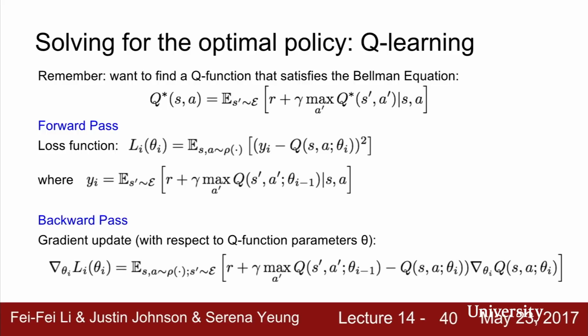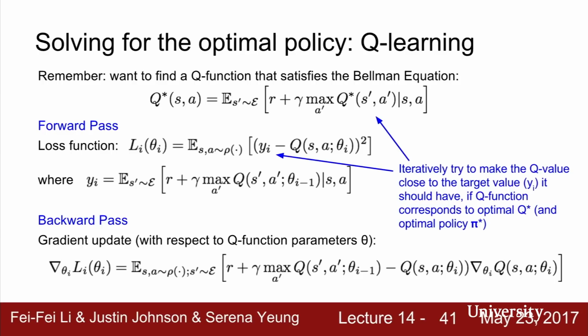We take forward passes of our loss function, trying to minimize this error, and our backward pass, our gradient update, is just the gradient of this loss with respect to our network parameters theta. Our goal is, as we take gradient steps, to iteratively make our Q function closer to our target value. So any questions about this?